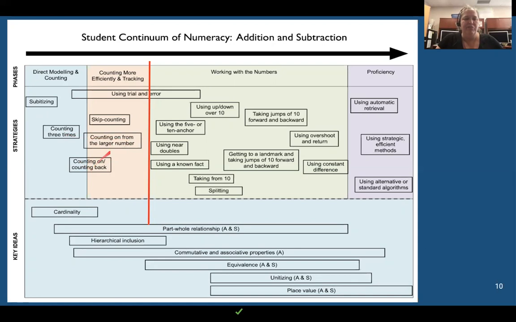Those are the 3 main strategies that students are going to use when adding a problem like the one with the 6 fish crackers and you get 8 more. I put this line in to show this shift from the counting phases, these are both counting phases, into working with the numbers, which is where we're headed today.